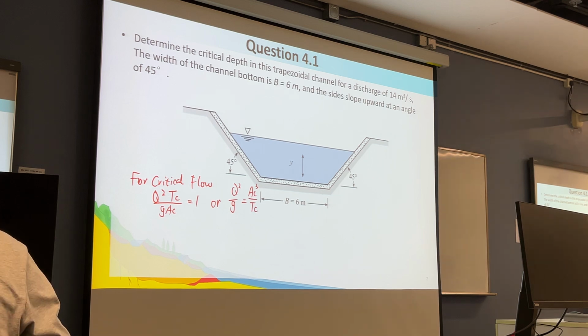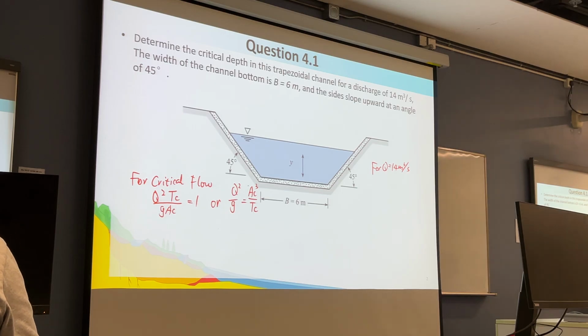Okay. So if Q equal to 40 meter cube per second, that means the Q square over G, 40 square over 9.81, is approximately equal to 20 and equal to the AC cubed over TC.